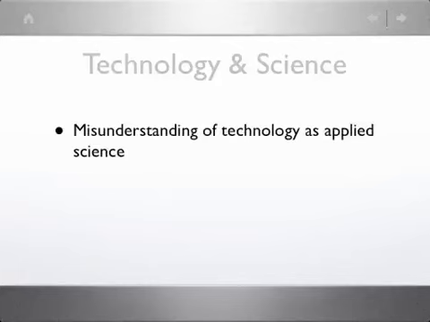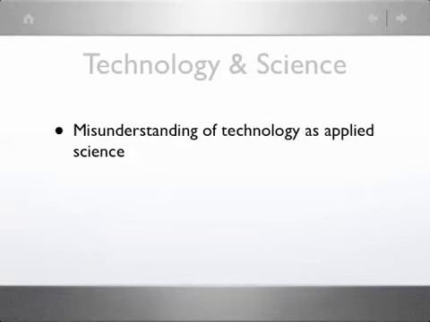Another section of the chapter talks about technology and science, and just a couple of things to touch upon here. There's some misunderstanding that has taken place, fairly widespread, in terms of the relationship between technology and science, and this is a misunderstanding of technology as applied science.